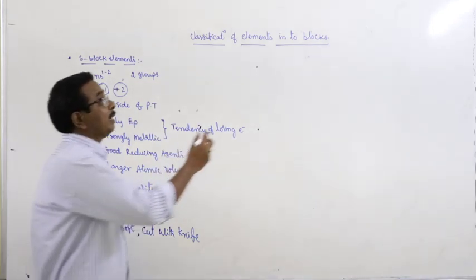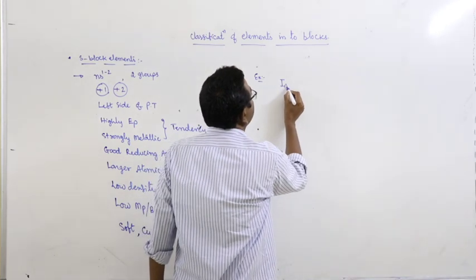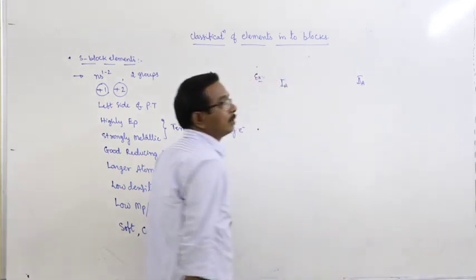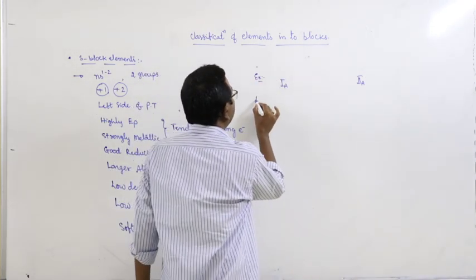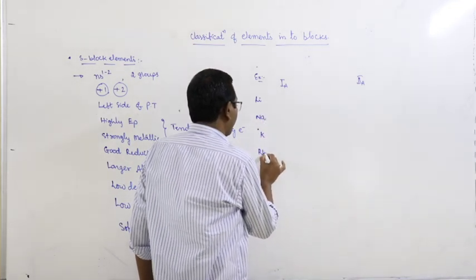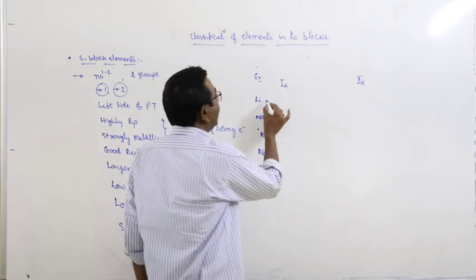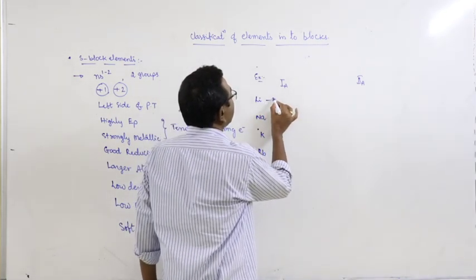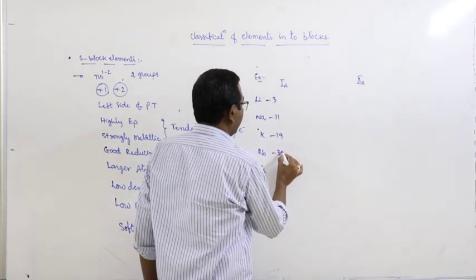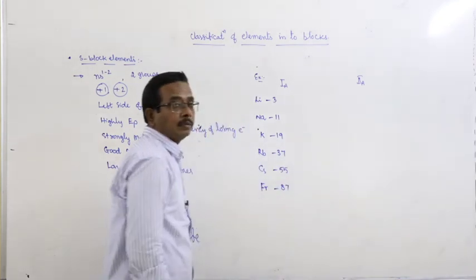But what about the examples? Here, first A group elements and second A group elements. Lithium, sodium, potassium, rubidium, cesium and francium, with atomic numbers 3, 11, 19, 37, 55, 87.